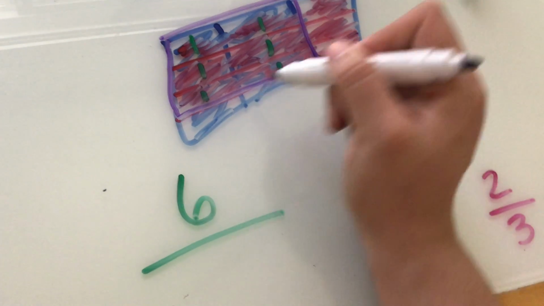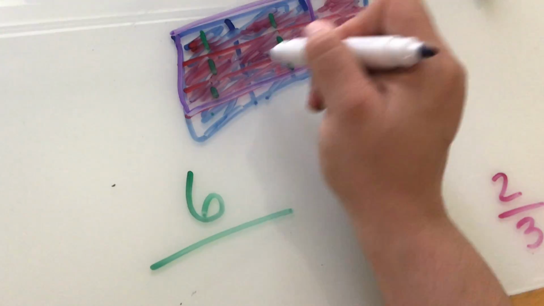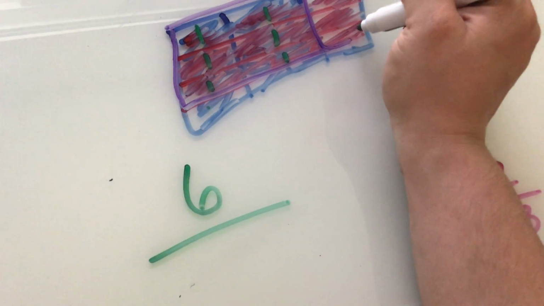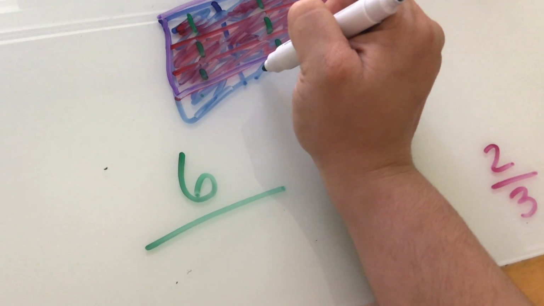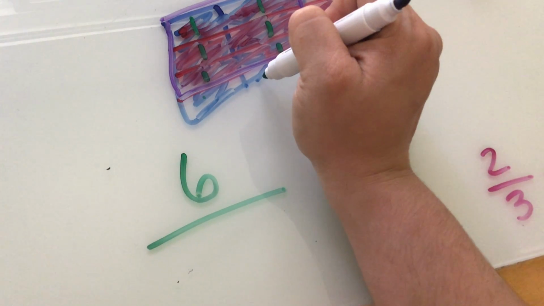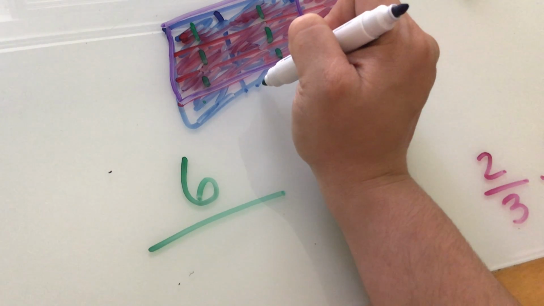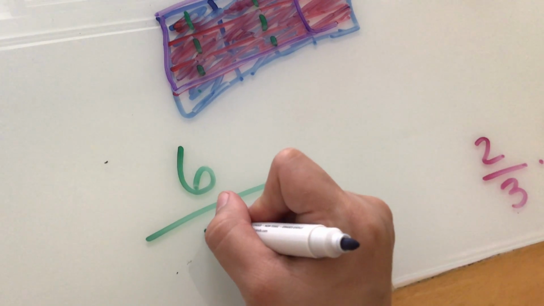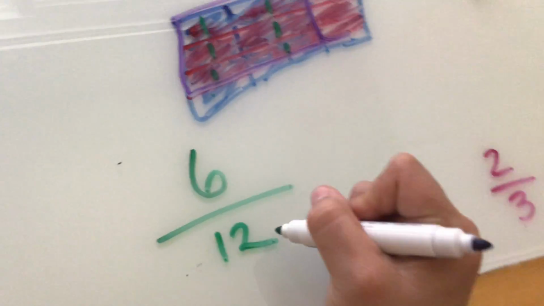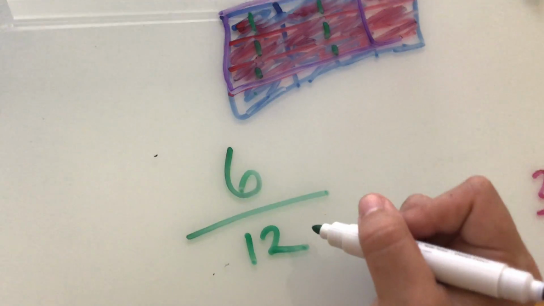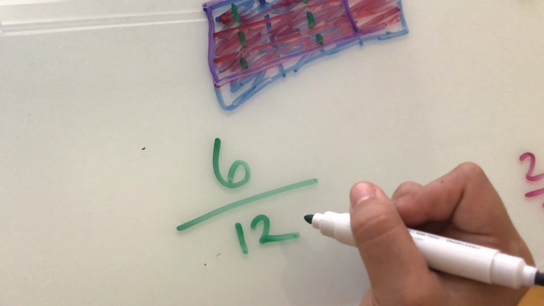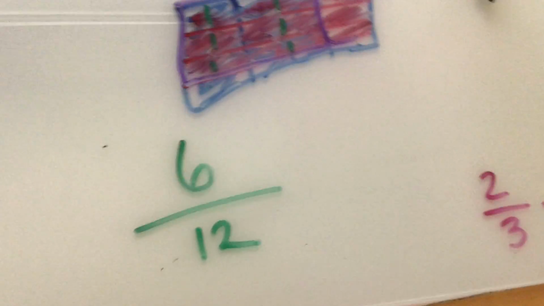And how many pieces do we have in a whole? We have 6 up here, 7, 8, 9, 10, 11, 12. So we have 6 pieces of our 12 that we have. And that is how our problem works.